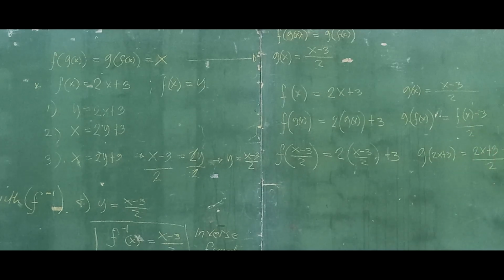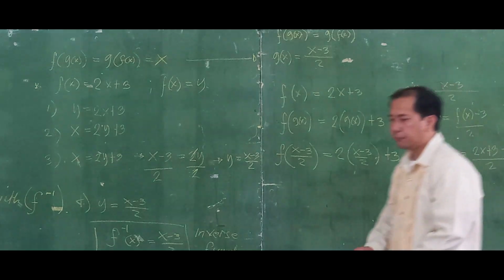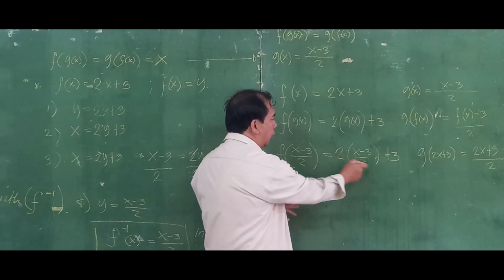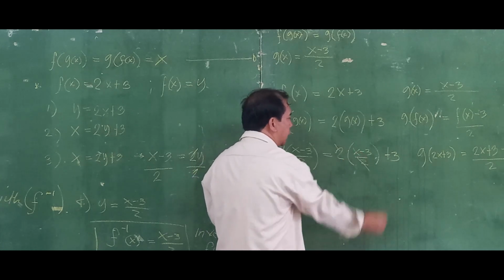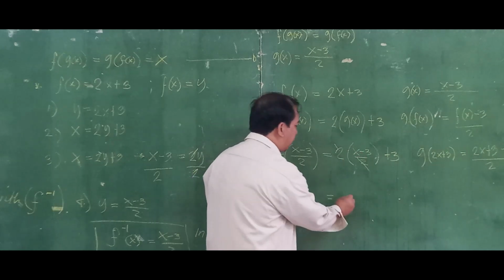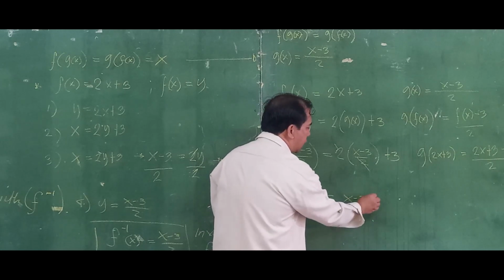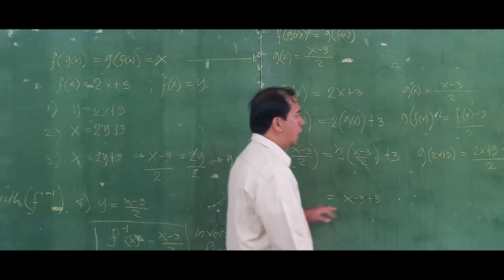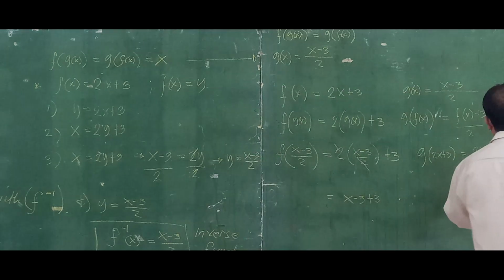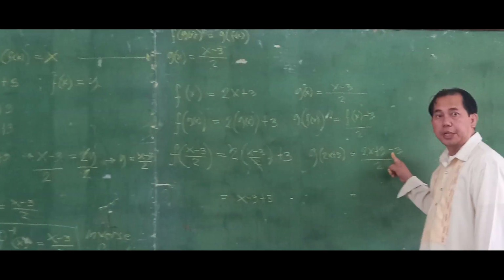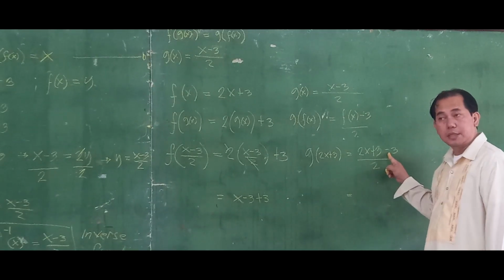Let's continue. This one will already be what? Cancel. What is left? X minus 3 plus 3. How about in here? Notice that 3 minus 3 is what? 0.